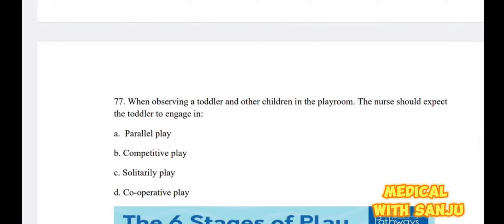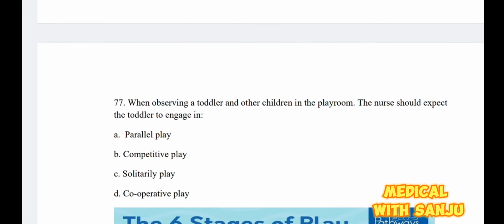Question number 77. When observing a toddler and other children in the playroom, the nurse should expect the toddler to engage in option A parallel play, option B competitive play, option C solitary play, and option D cooperative play. According to age group, there are different play.